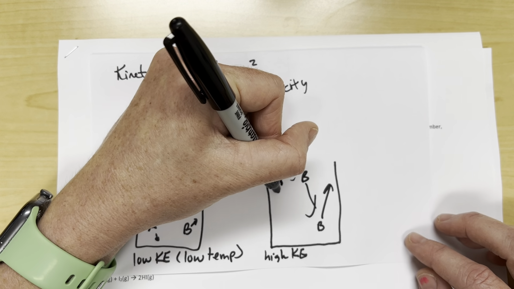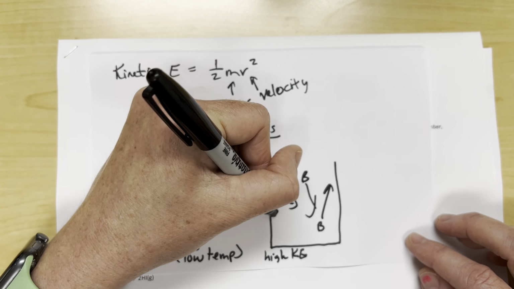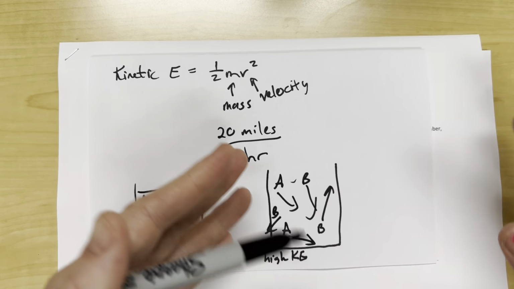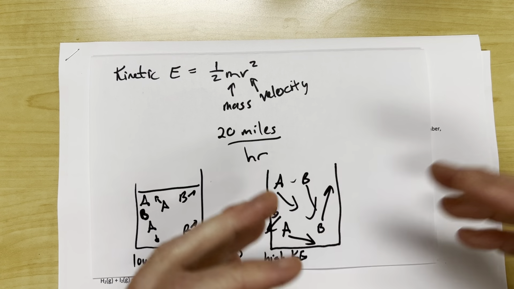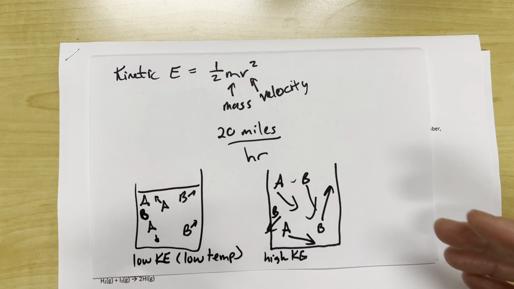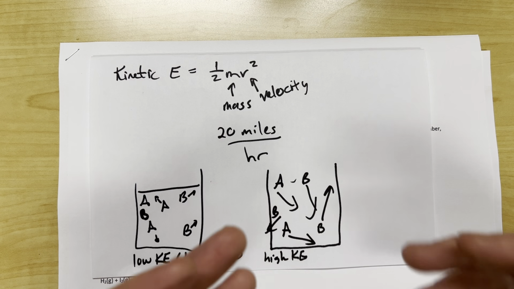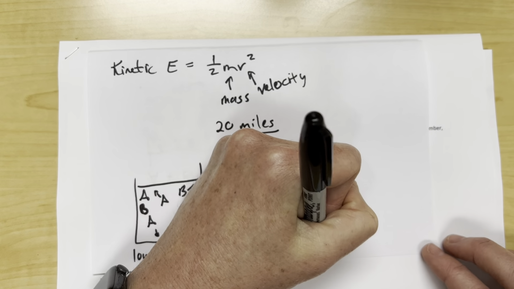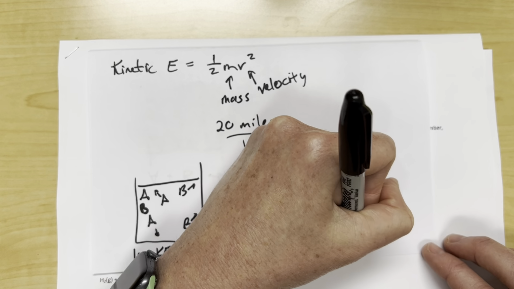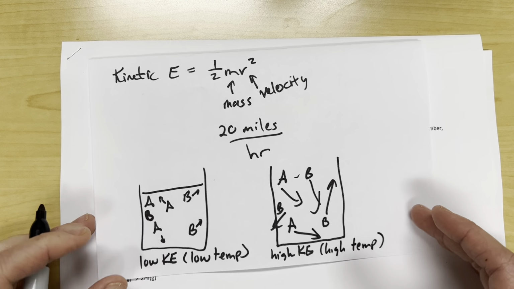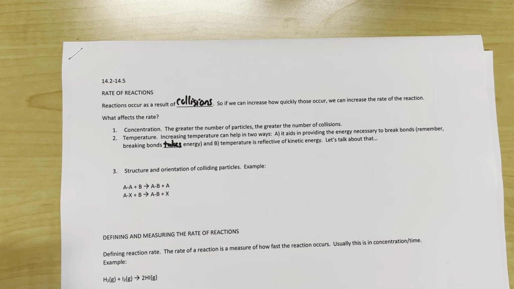And all of a sudden you have Pong on roids. You of course need the sound effects, and they're bouncing all over the place. And if they go really fast, the chances of them hitting each other is much higher. So you'll have more collisions. So at high kinetic energy, in other words, high temp, you will also have more collisions.